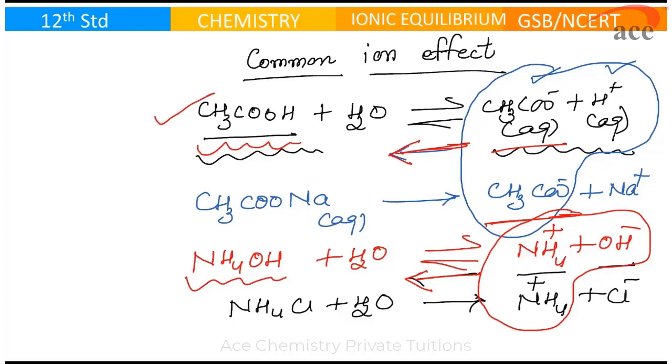In short, I can say Le Chatelier's principle is used in common ion effect so that the equilibrium should shift in backward direction so that we get more undissociated acetic acid, undissociated ammonium hydroxide. I hope this is clear.